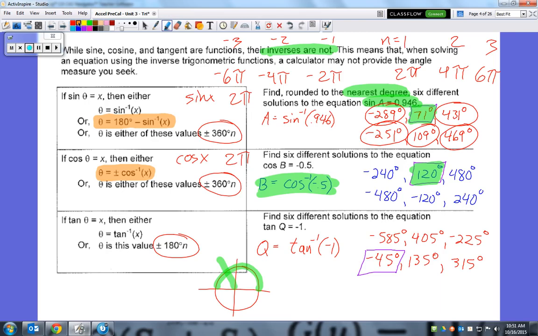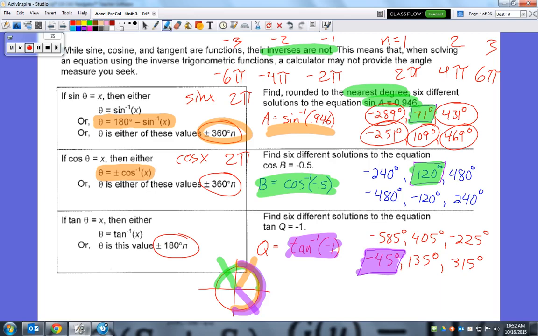So let's do the one that we did up here with arc sine. We got 71 degrees, which is about here. And that works because the domain restriction of that is negative pi over 2 to pi over 2. And to save time, if I put this one into the calculator, it would give me a value of negative 45. And negative 45 is there. The reason it gives me negative 45 is because, from negative pi over 2 to pi over 2, similar to the sine, that's my restricted domain of the arc tangent.